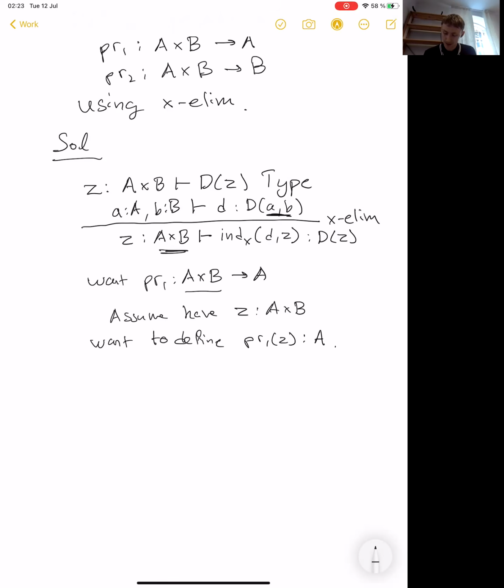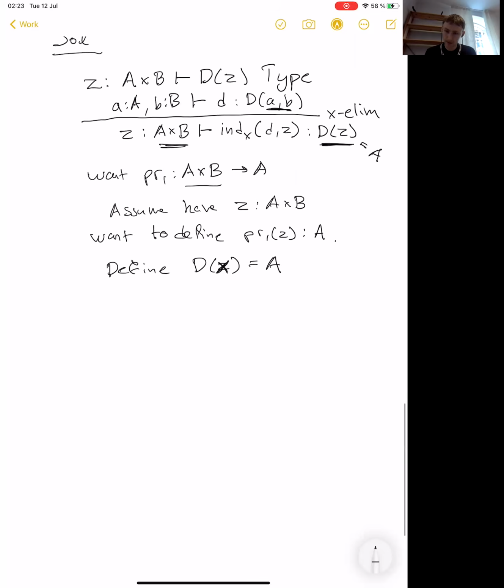Okay, and we want to use product elimination. Well, the only reasonable thing, if we want our product elimination to end with something of type A, is to set this D of Z here to just be A. Okay, so we're going to define D of Z for any Z. Maybe it was bad that I called it Z. Let's call it D of X for any X to be just A. Whatever you plug in, it's always going to be A. Okay.